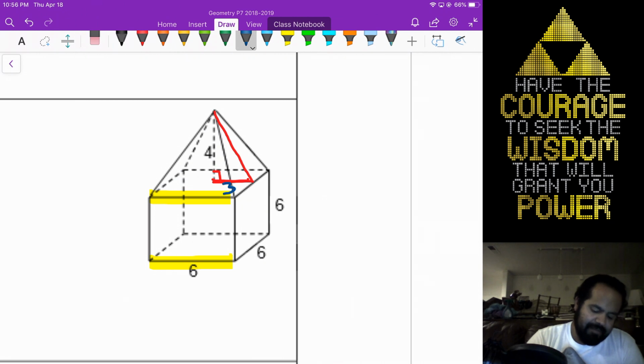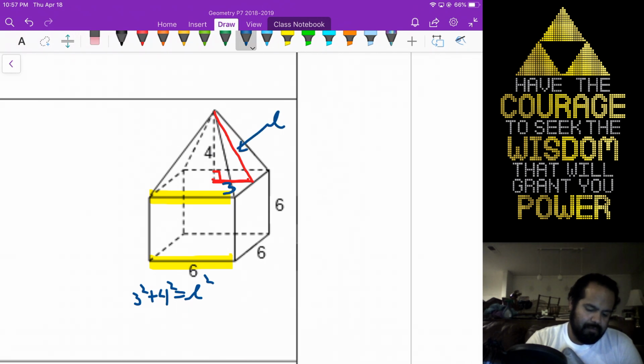And so that gives me a 3 there. I think this is a Pythagorean theorem. 3 squared plus 4 squared equals slant height squared. That's going to get you your 5.